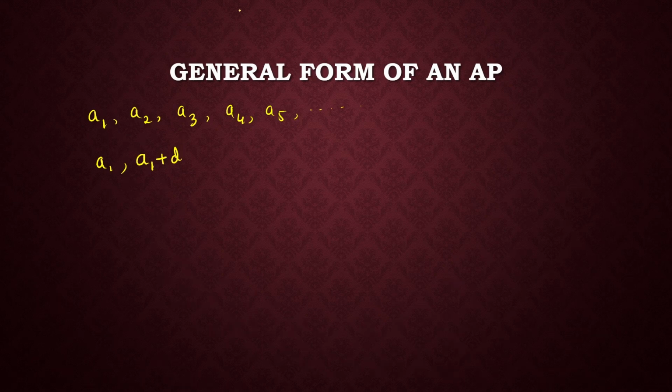See, I'll consider a series 2, 4, 6, 8. So here it is A1, A2, A3, A4. Now here your first term is as it is, but what is your second term? What is the common difference here? Here the common difference is equal to 2. So I can write this as 2 plus 2, that is A1 plus your common difference.